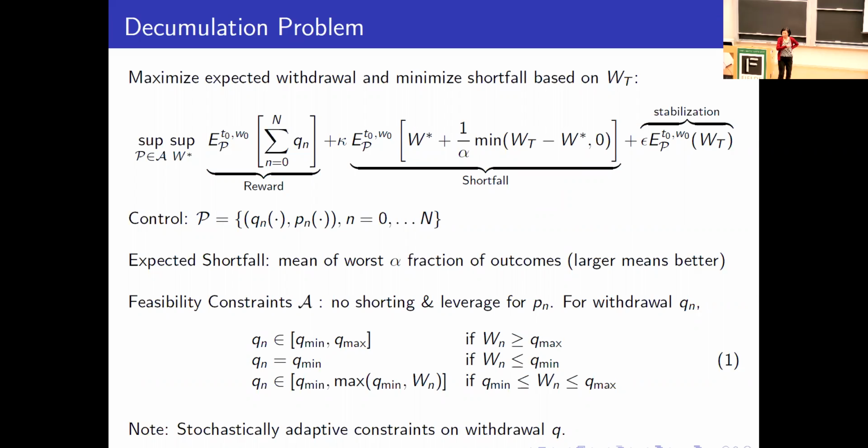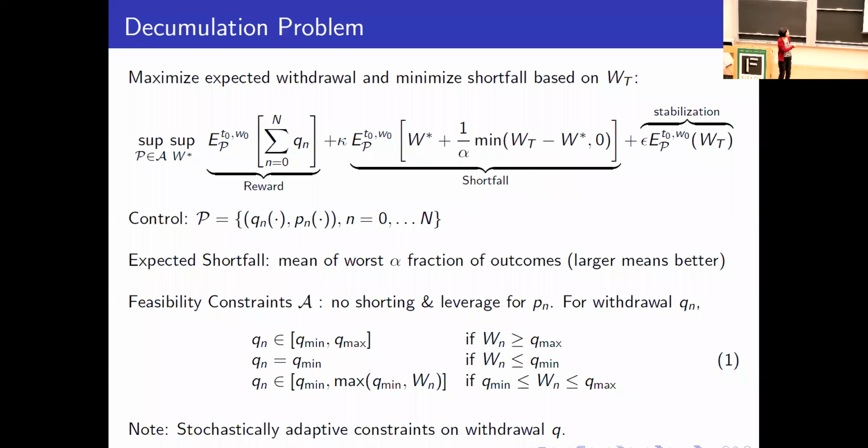If my portfolio is larger than Q max, I want my withdrawal to be in this interval. If my wealth is very small, less than Q min, in that case I only withdraw the minimum amount.